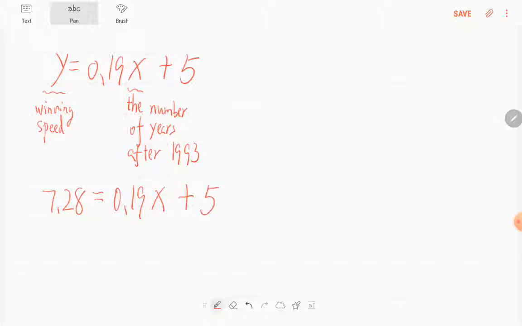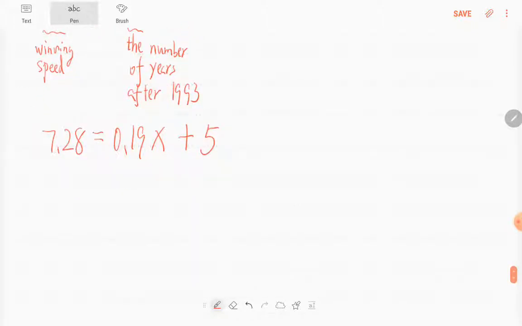We want to know how many years after 1993. So we subtract 5 on both sides, and then you will have 0.19x equals 2.28. If you divide by 0.19, then you will have 12 years.